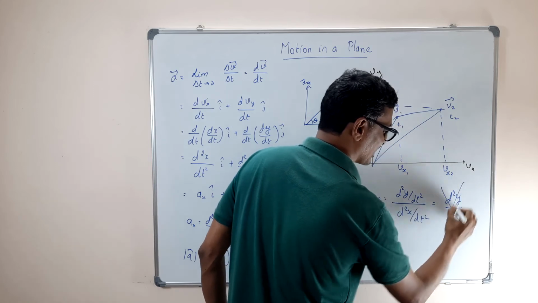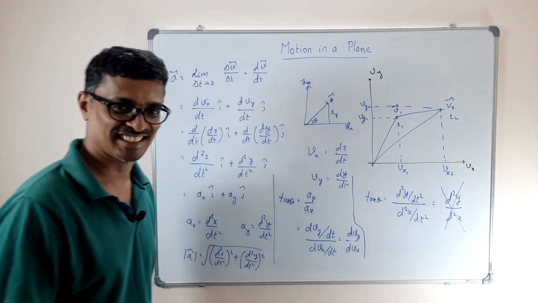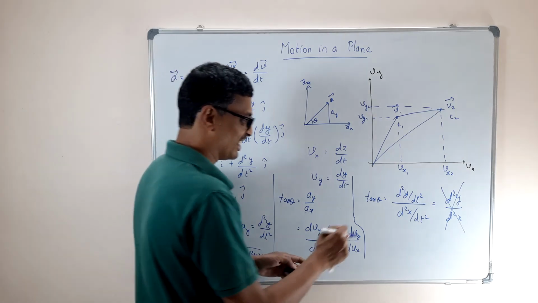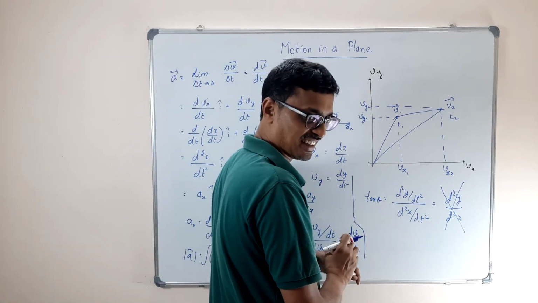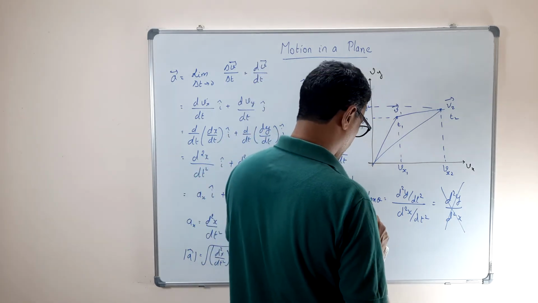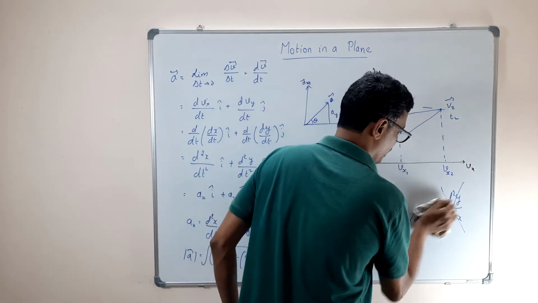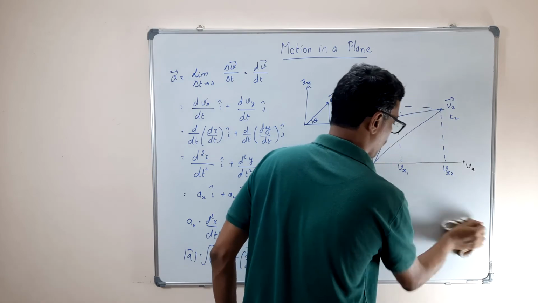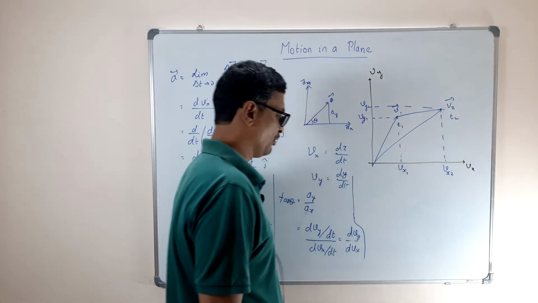This is meaningless, there's nothing like that. In a derivative, you can't simply cancel the terms. So this is not the right way of doing. When it comes to second derivatives, you should be very cautious.